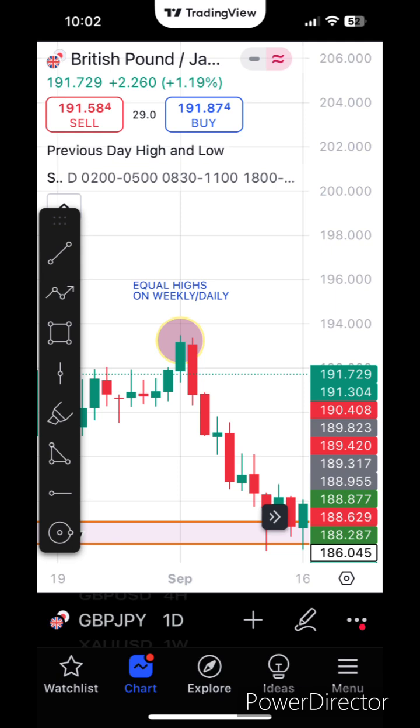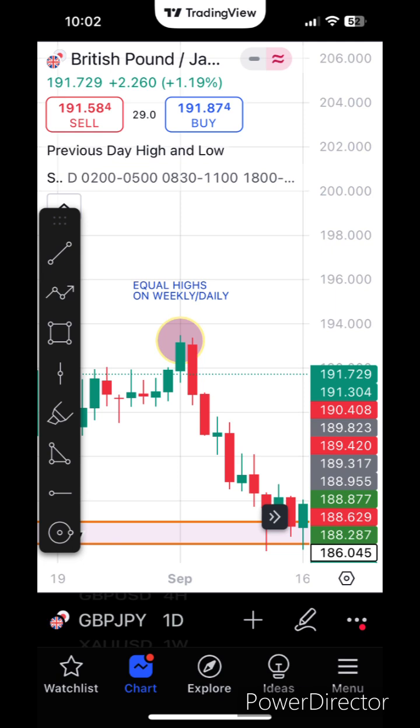And this is what you need to know about the equal highs, okay? And this is like smart money concepts. I learned this from ICT or whatever, but if you look at these equal highs, here above the equal highs, there are buy orders to be absorbed, okay?